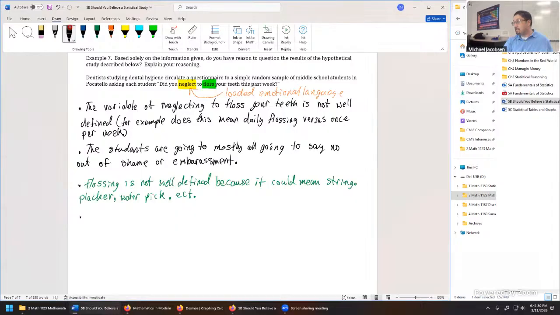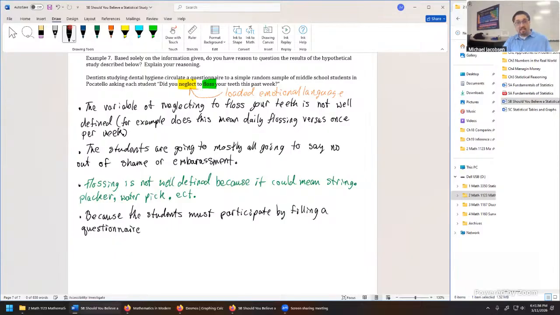So it's put here because the students must participate by filling a questionnaire, I'll just say sent to them. We don't know how they're going to receive it. Maybe it's in the mail or something.